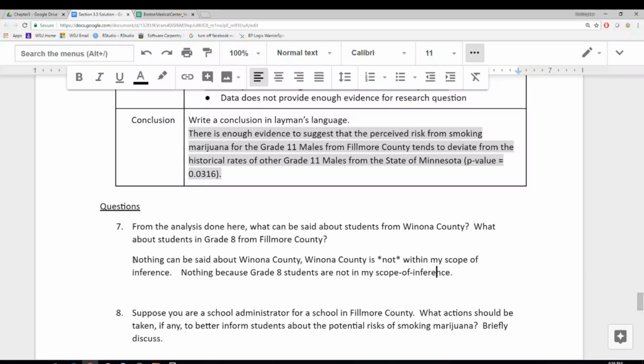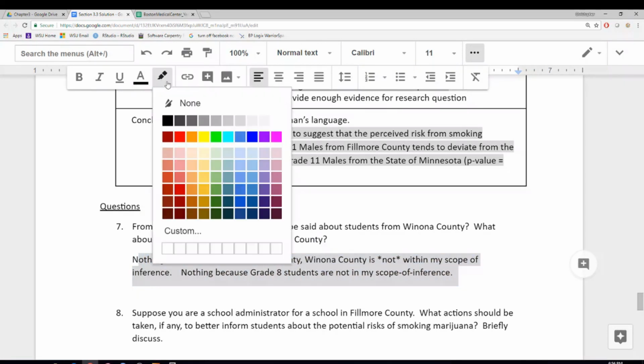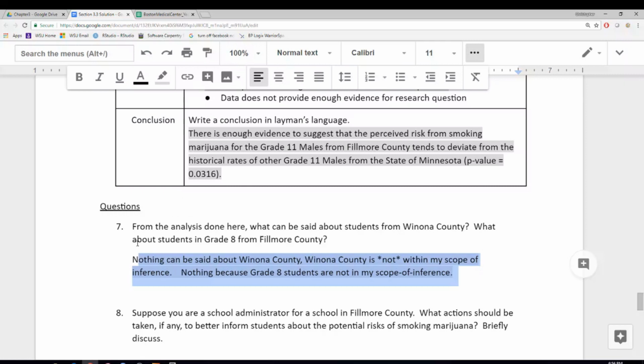Not just the individuals that took the survey. There were 61 of these individuals that took the survey, not just the 61. I'm extending beyond the people that I have in my study. The scope of inference is not necessarily the same as just the people in my study. I use these 61 people from Fillmore County to try to make a decision about grade 11 males in general from Fillmore County.